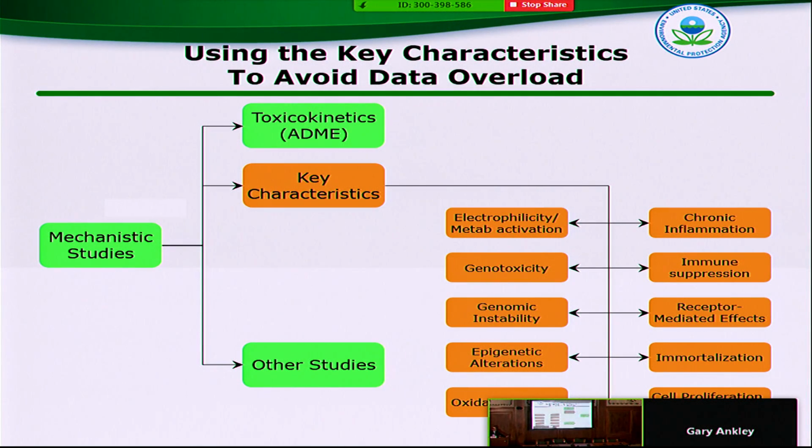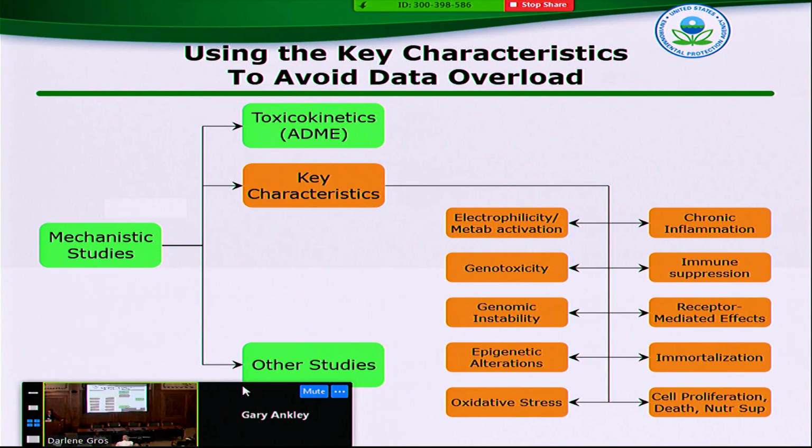Now, data overload. When I was at IARC, when I'm at EPA, well more than half the studies, probably 80% of the studies, really all do fall into the realm of mechanistic data rather than apical endpoints in epidemiology studies or animal bioassays.